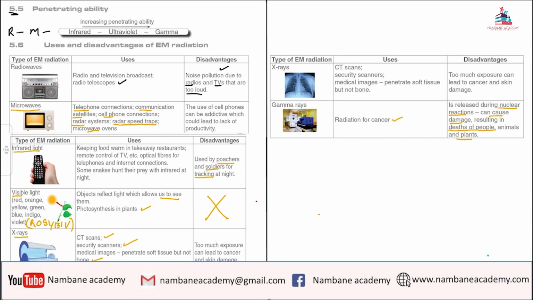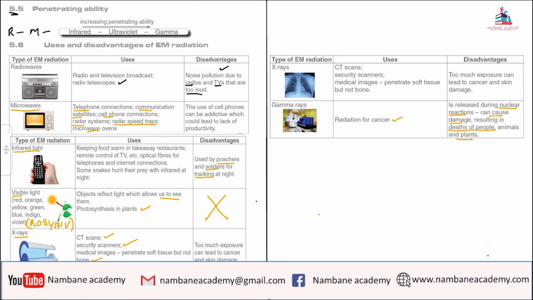So that will also influence the outcome of the radiation itself.